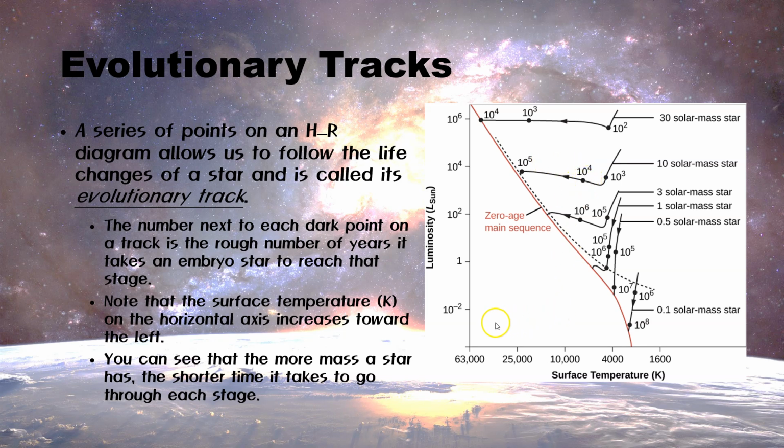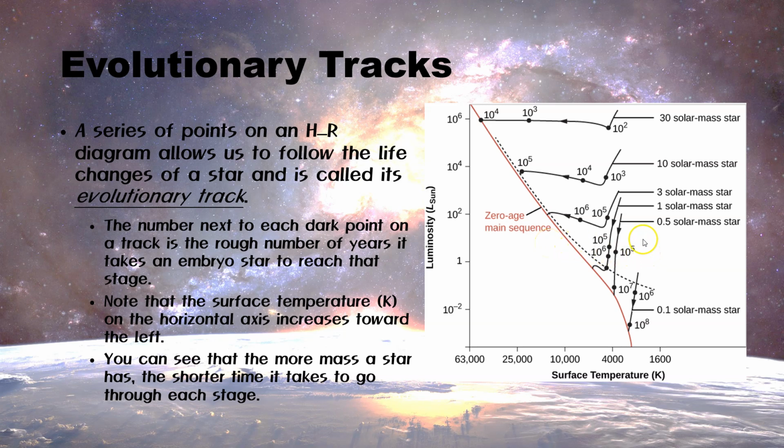You'll note again that the surface temperature increases toward the left. So again, we have that denotation so we can make sure that we are not mixing it up with how we are used to reading graphs. And the more mass that we add to a star, the shorter time it takes to go through each stage.